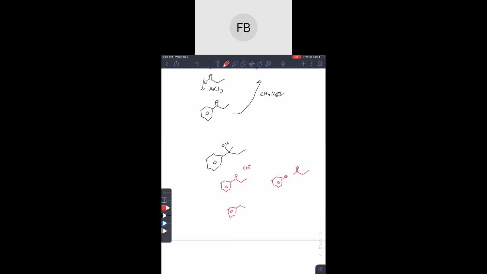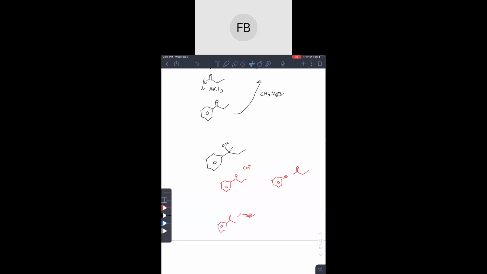And then a ketone. But you still need the extra one here. No, wait, never mind. Okay, I see what you're saying. Sorry, let me think about that for a second. Yes, that works. Okay, so there's 3 pathways.